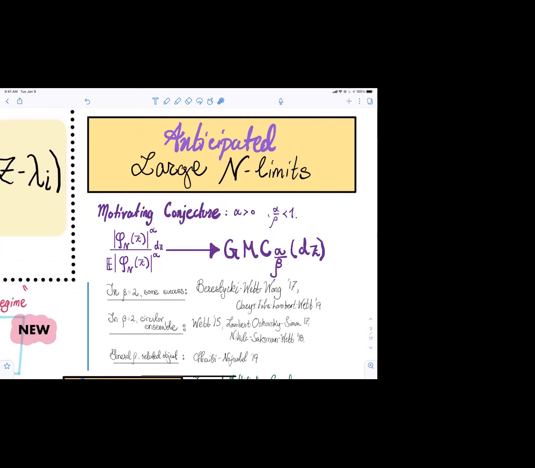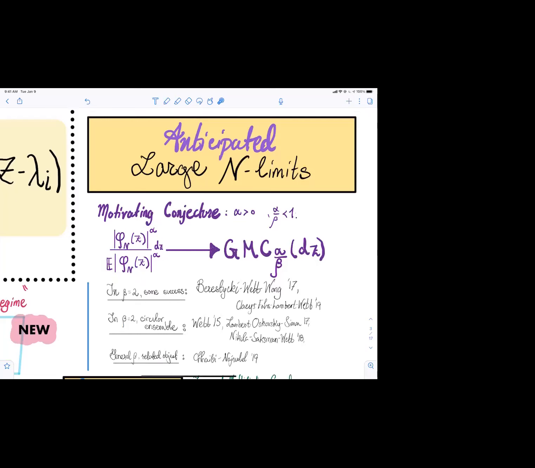There's a beta, which functions as a temperature, and then you can introduce another parameter, alpha, and take the characteristic polynomial raised to a power alpha. If you look at this measure, where you take the characteristic polynomial raised to the alpha and divide by its expectation, you have what you can view as a random density.